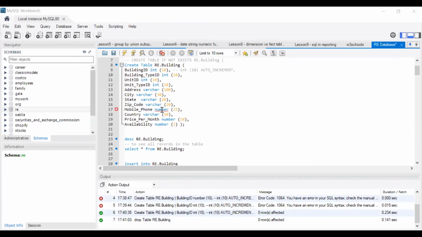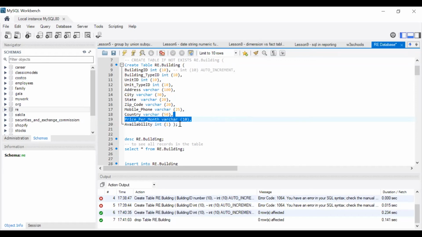No, just phone number for the integer. I don't think so. You know what? For the time being, I'm going to put it as a varchar. Anytime you're in doubt that something doesn't work, put a varchar and it will work. Later on, you can figure it out. And this should be an integer anyway.